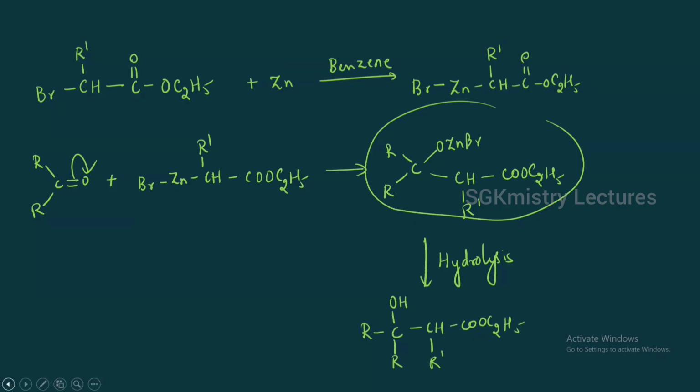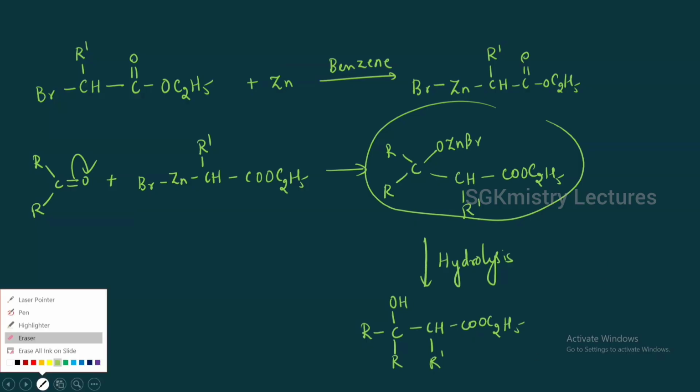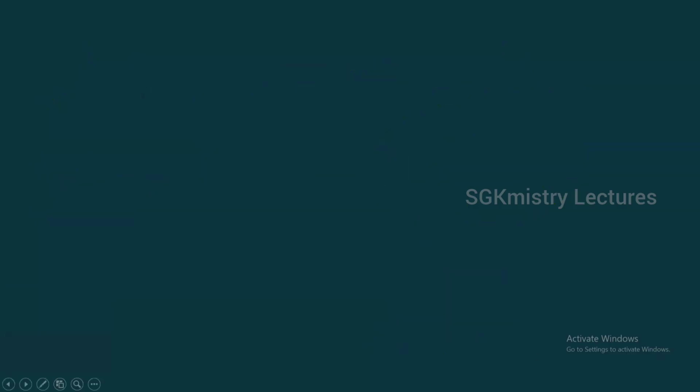So let us look at the mechanism for that. Let me erase it here and write the reaction for that. So here Br, and let me directly write whatever is obtained in the first step. So Zn, here the insertion has already taken place, R' COO ethyl group. Now what is going to happen?